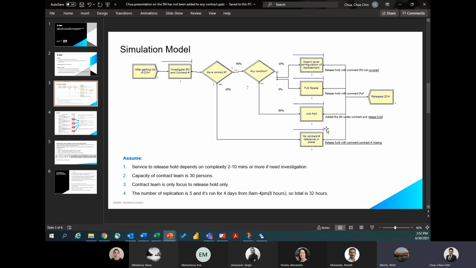Right. Okay. So investigate serial number and contract number is based on real data, and he used the modeling tool to come up with what that looks like as a mathematical model, and that's what was put in the simulation. So that box represents real life of how long it took us to investigate the serial number and contract number based on the data, whatever data that was. Is that what you're saying?